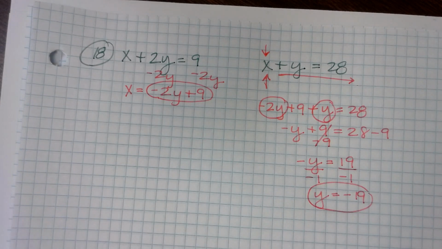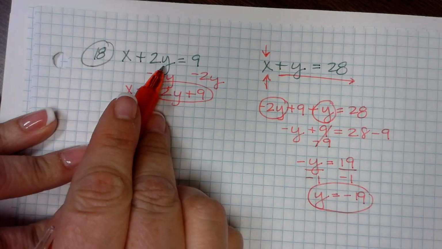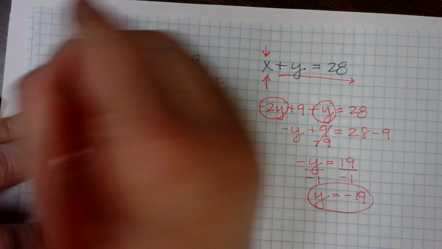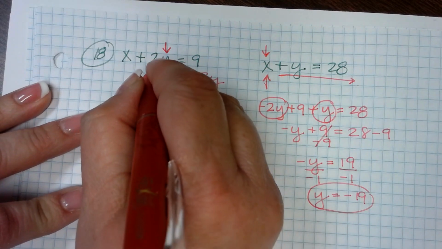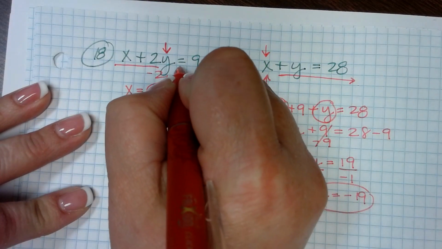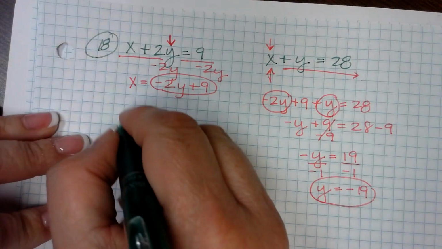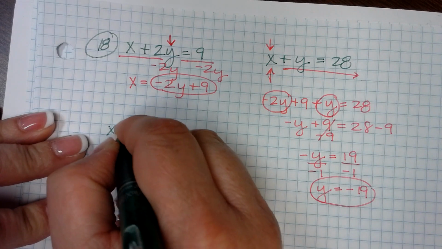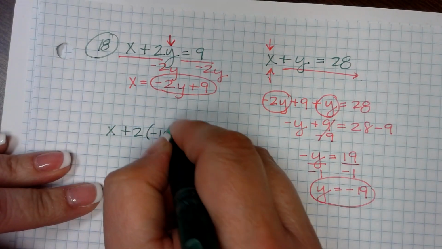All right. Now I'm going to take that piece and I'm going to substitute it in over here, which means everything in front of it will be included and everything after it will be included. So that will look like x plus 2 times y. So I've got 2 times negative 19.